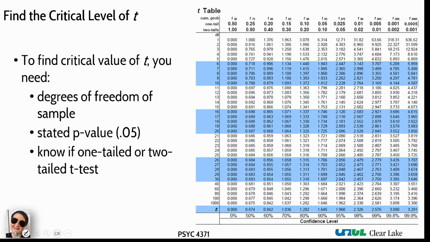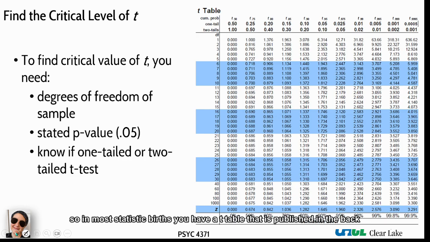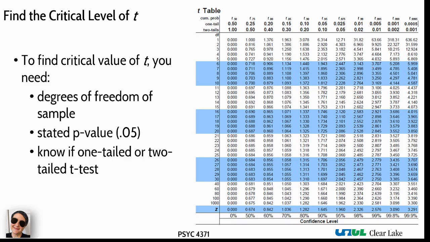our t-test. So in most statistics books, you have a t-table that is published in the back. And you'll notice that these t-tables have what's called a cumulative probability, and then they have one tail and two tails. Remember, we're dealing with two tails right here. On the y-axis, it's going to list the degrees of freedom, okay?